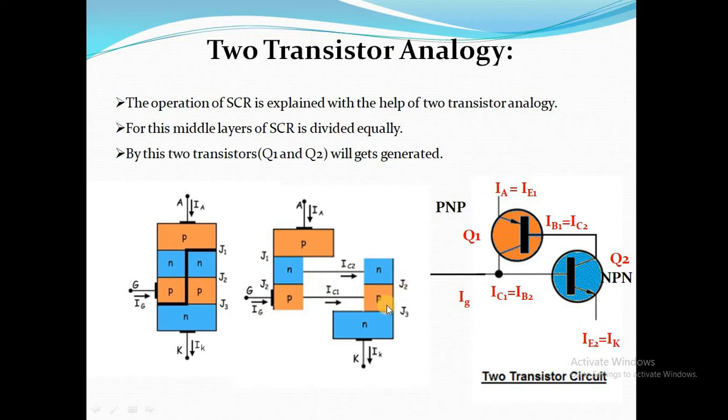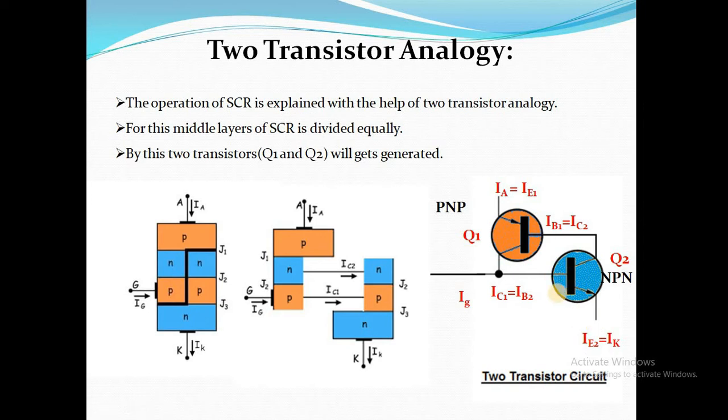And last, the current from the SCR goes out through the cathode terminal. So the cathode terminal represents the emitter terminal of the second transistor, and the second transistor is an NPN transistor. So the arrow mark of the second transistor emitter terminal represents the outward direction, and this terminal is the same as the cathode terminal or emitter terminal of the second transistor.